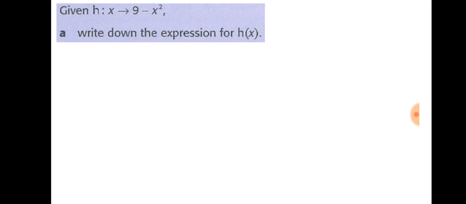Given h maps x to 9 minus x square, write down the expression for h of x. So here we need to write the given function in the form of h of x.